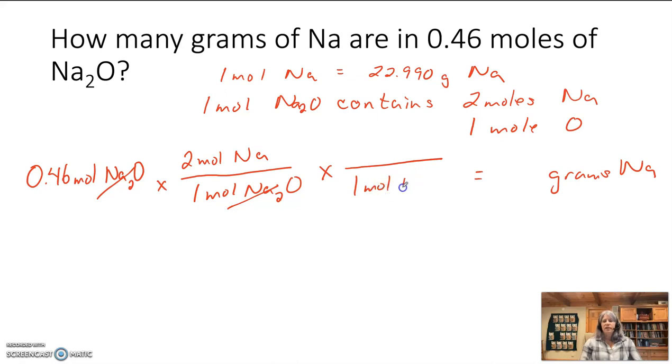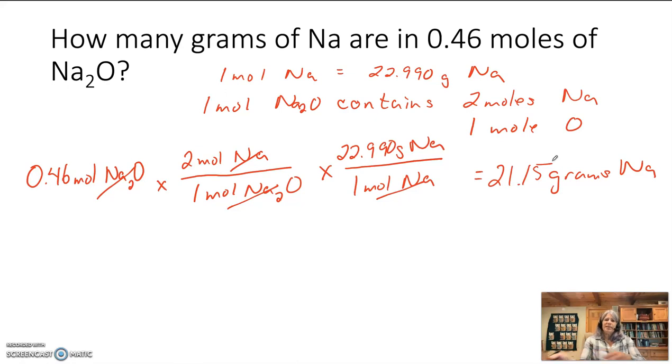1 mole of sodium is 22.990 grams of sodium. We'll see that our moles of sodium will cancel out, and we're going to calculate that. So 0.46 times 2 times 22.99 equals 21.15 grams of sodium.